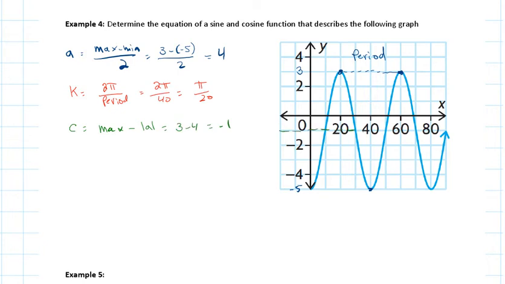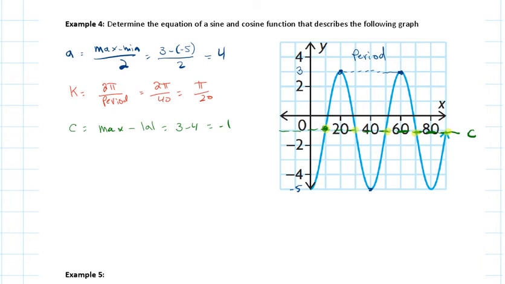Now, if I'm looking at sine, it can start at any of these points. So sine could start here, here, here, here, whatever I want it to start, or here if you want. So I'm going to start here, which is at 10. So this is D for sine.